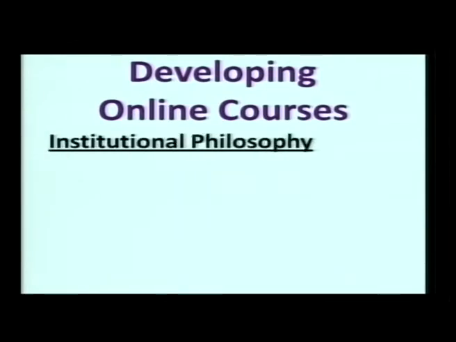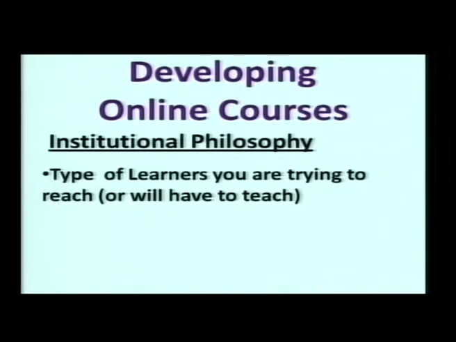Now, the question is, how do we develop online courses? There are 3-4 very important points we keep in mind. Firstly, the institutional philosophy: where and how to develop an online course. Second, the type of learners we are trying to reach through online courses.